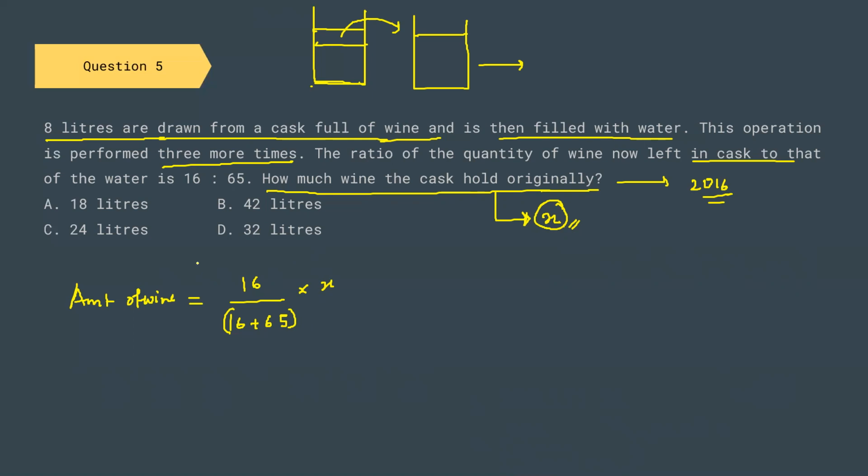You can go through my previous lesson and clear up this formula. Again, this is the total amount of wine that is left. So I can write 16x divided by 81. This is our equation number 1.